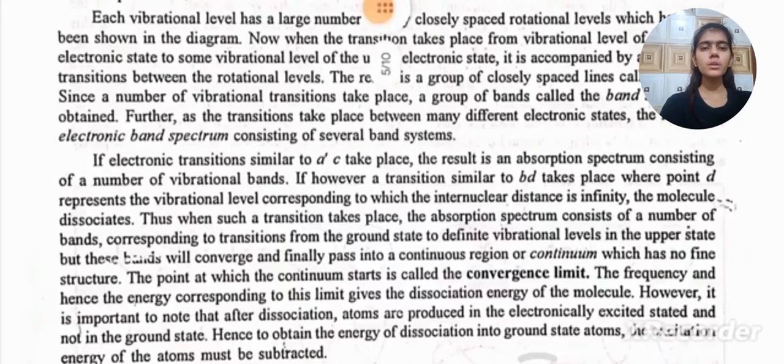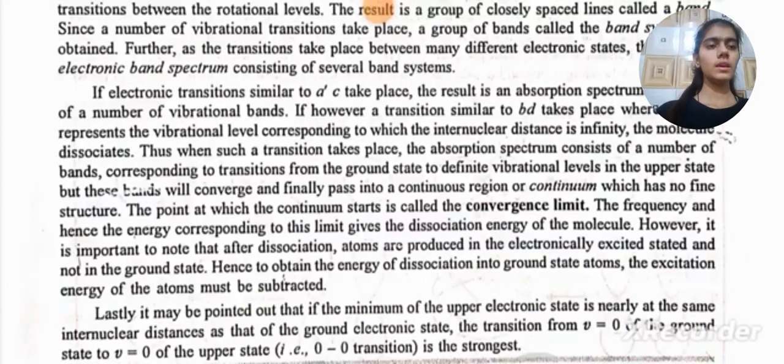However, it is important to note that after dissociation, atoms are produced in the electronically excited state and not in the ground state. Hence, to obtain the energy of dissociation into ground state atoms, the excitation energy of the atoms must be subtracted.